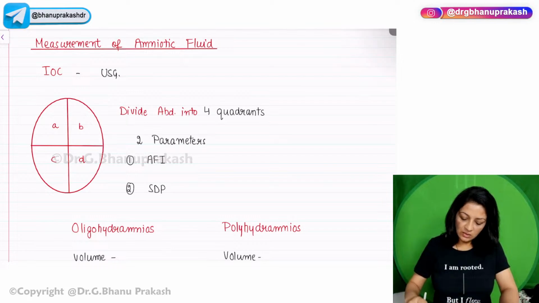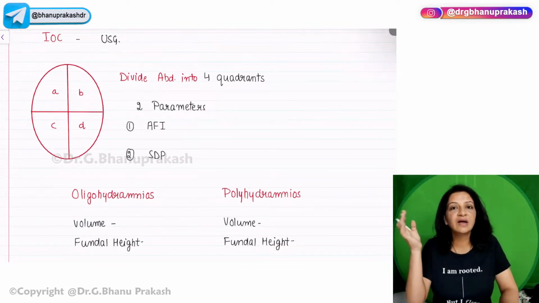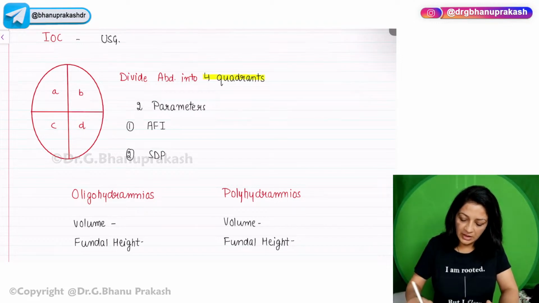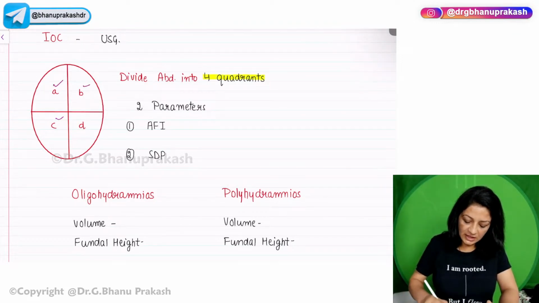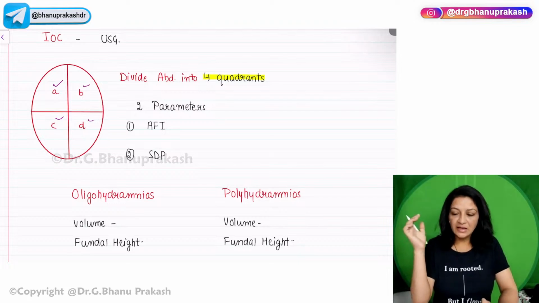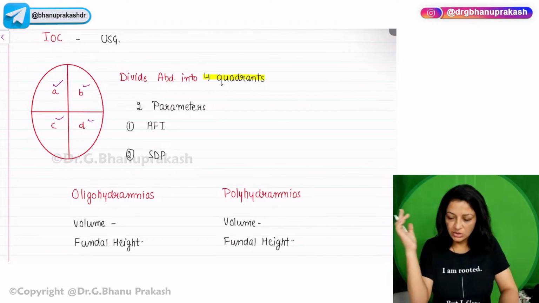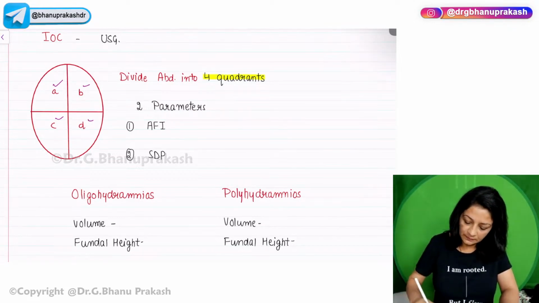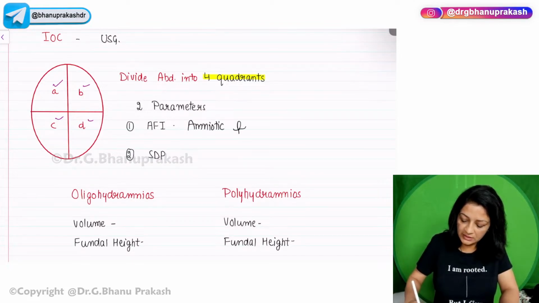In ultrasound, we will divide the abdomen into four quadrants: A, B, C, and D. Then we will check two parameters: the amniotic fluid index and the single deep pocket.